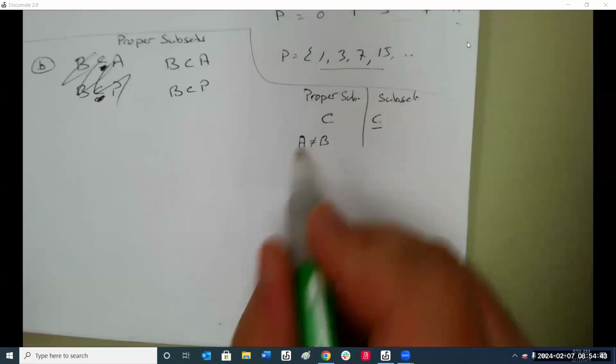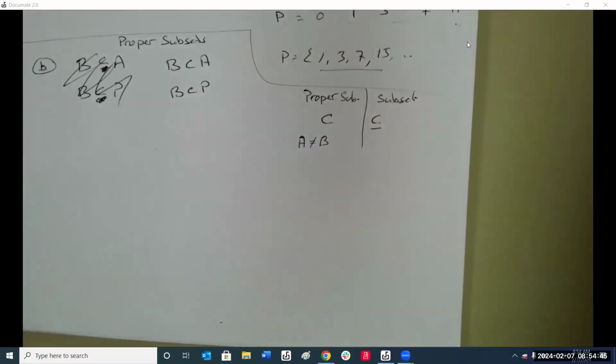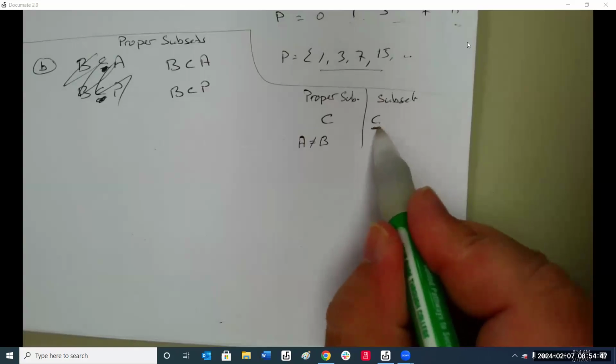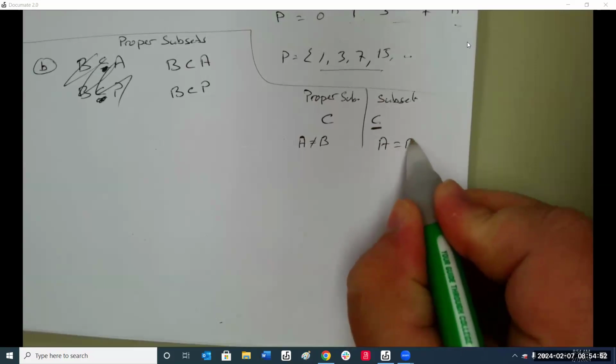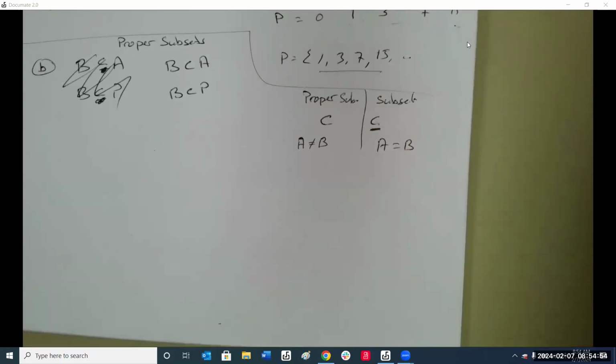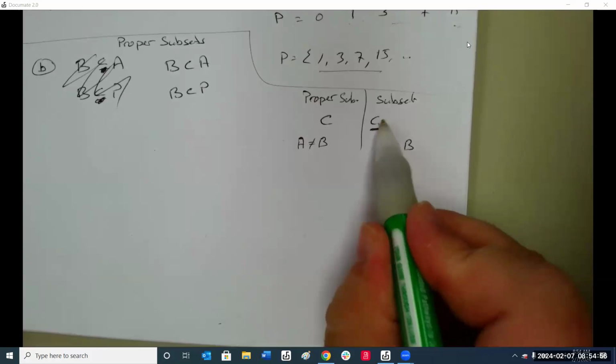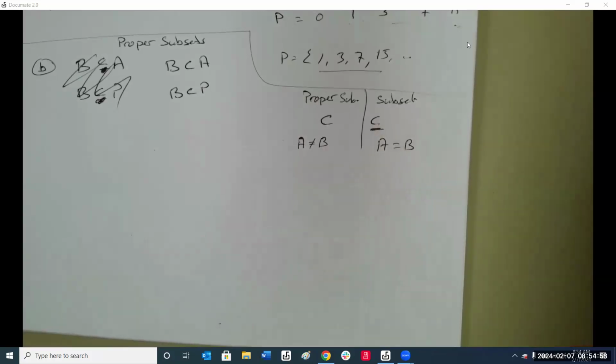This one, because it has an equality, they can be equal. It can be equal to or less than the sets.